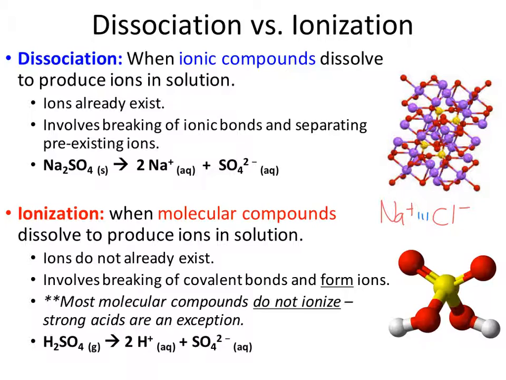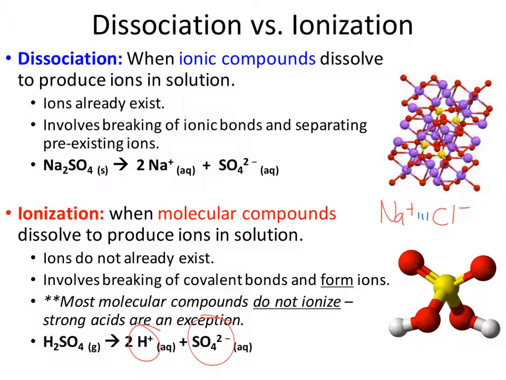When something ionizes, it means that the electrons are split up and you create ions that did not previously exist. That means breaking these covalent bonds. Now, not all molecular compounds ionize because if they were sharing, there's a reason why they're sharing. But strong acids, or acids in general, typically ionize and break off to form this H plus ion, and in this case, we create our sulfate ion as well.